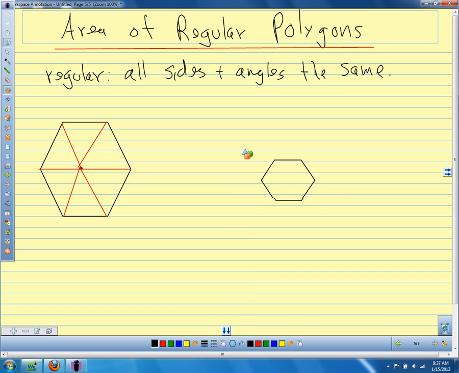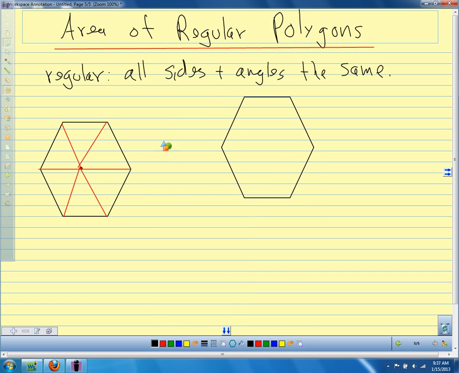There are a couple of important parts of your polygon that you need to know for the formula. So you should mark this diagram in your flip book.